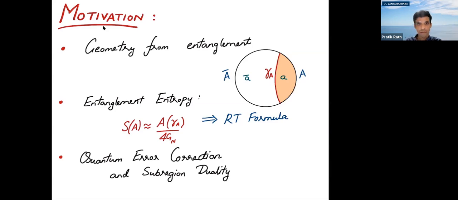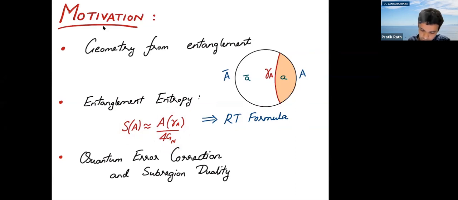The best understanding of this essentially came from the Ryu-Takayanagi formula way back in the day, where people saw that there was a connection between the entropy on the boundary and the area in the bulk.